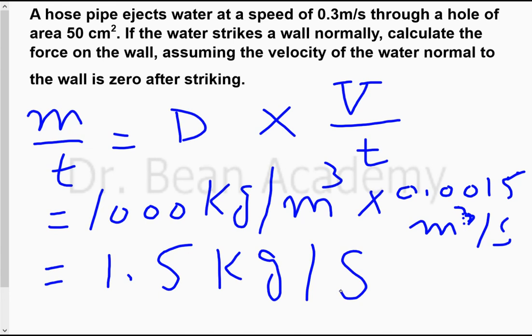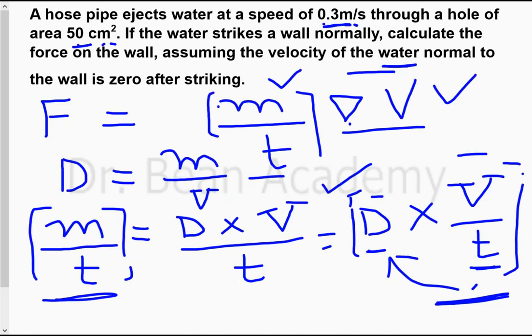Now we know M over T. So now I already know M over T, and the only thing I need to know is the change in velocity. So let's calculate it. The initial velocity is 0.3 meter per second and then the final is 0.